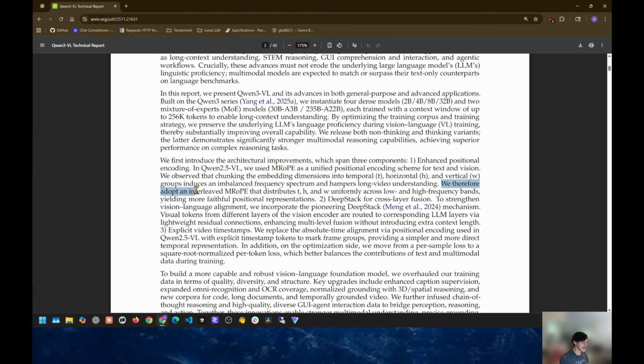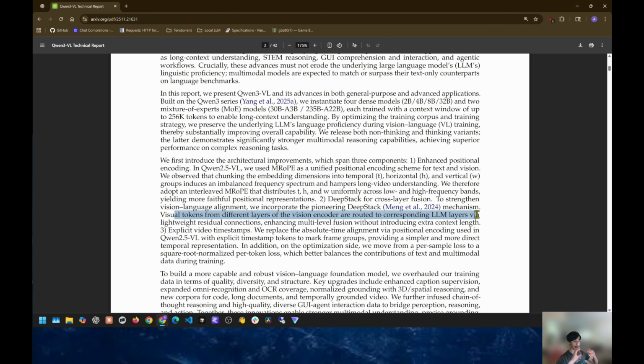We therefore adopt an interleaved MROPE that distributes T, H, and W uniformly across low and high frequency bands, yielding more faithful positional representations. 2. Deep stack for cross-layer fusion. To strengthen vision language alignment, we incorporate the pioneering deep stack mechanism. Visual tokens from different layers of the vision encoder are routed to corresponding LLM layers.